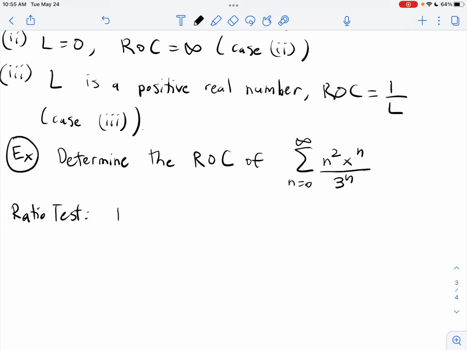We're going to do the limit as n goes to infinity of the absolute value of a n plus 1 divided by a n. Okay?